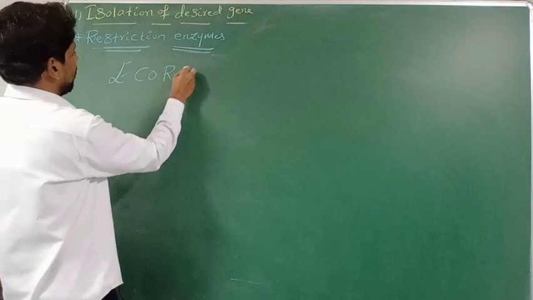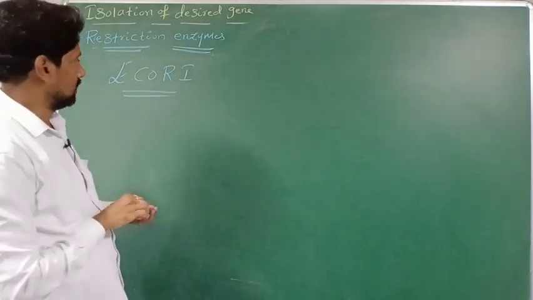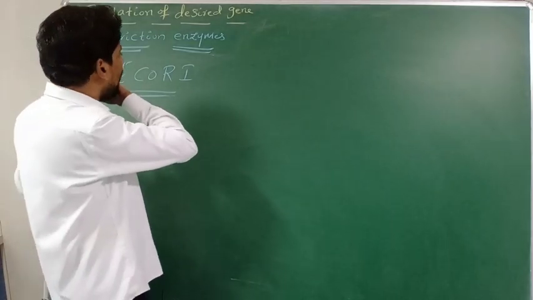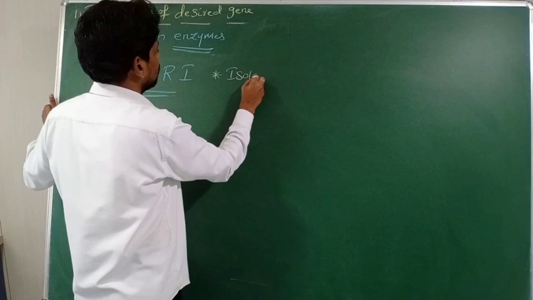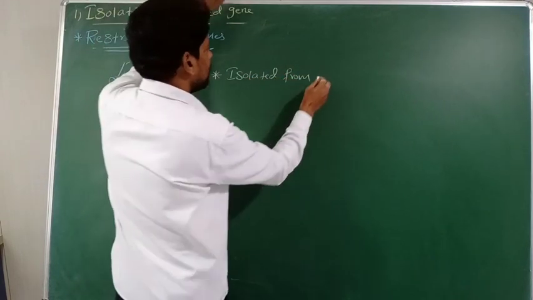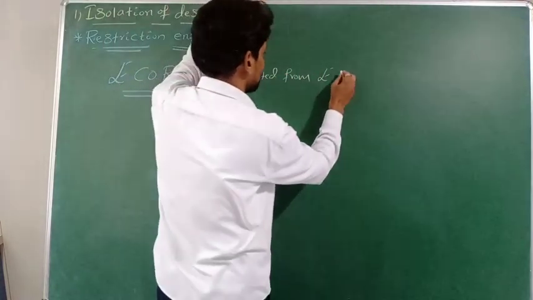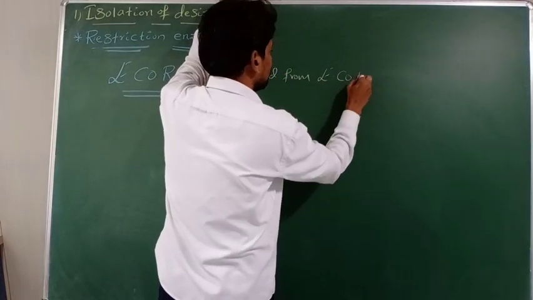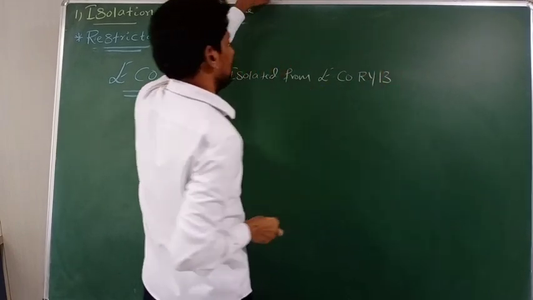Eco R1. What is it? This Eco R1 is isolated from E. coli bacteria, by strain RY13.